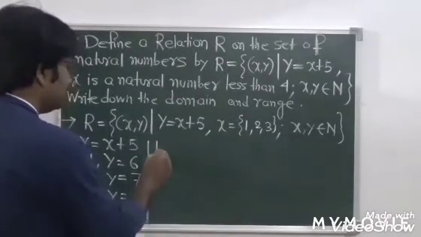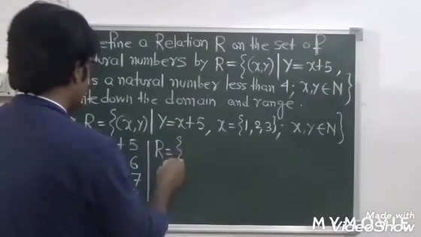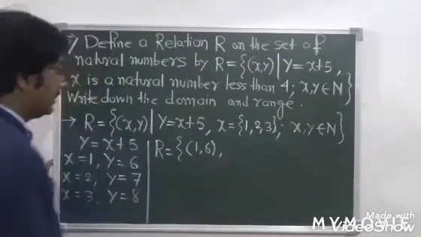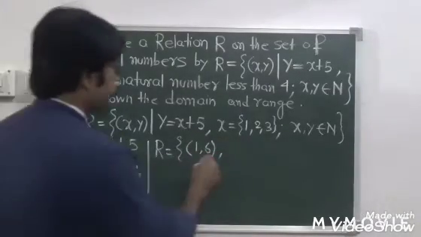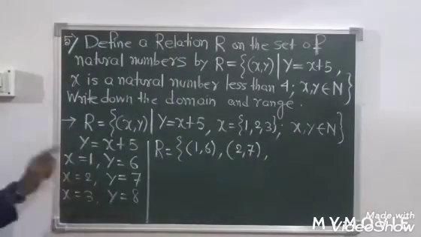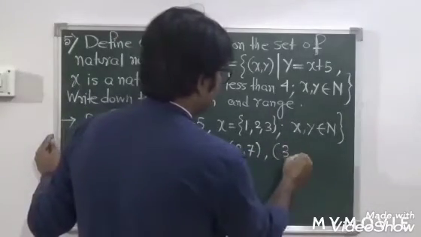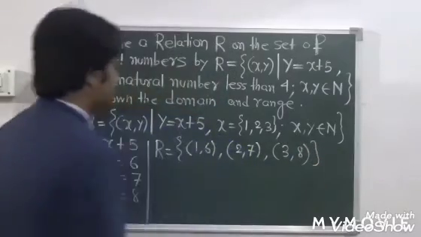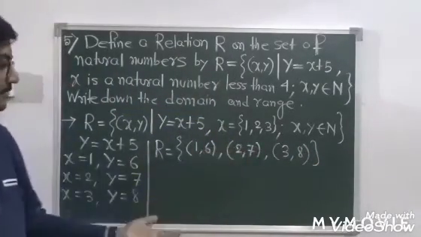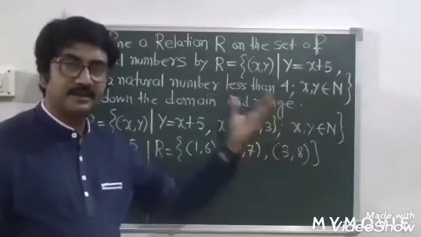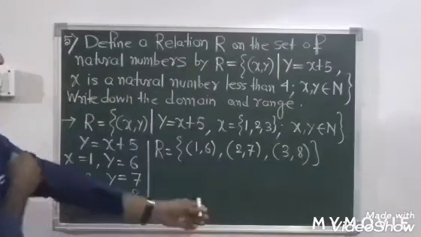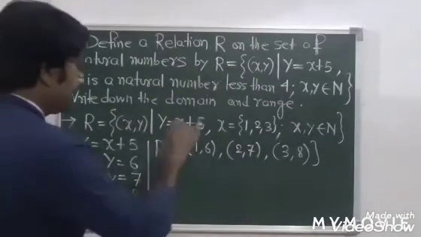So our relation finally stands like this: (1, 6), then (2, 7), and finally (3, 8). So the relation in roster form consists of these members: (1, 6), (2, 7) and (3, 8). Now you can very easily tell what the domain and the range are.